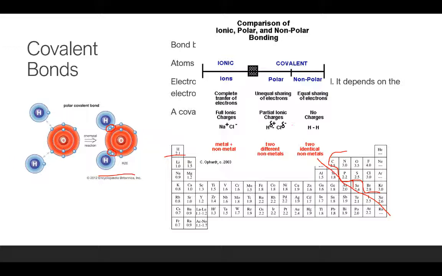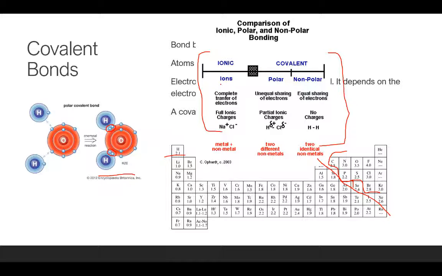And so just to display the differences, it's all on a spectrum. So ionic bonding, there's a complete transfer of electrons. There are full charges, Na+, Cl-, complete charges. Then we have polar covalent bonds, and that's an unequal sharing of electrons between 2 nonmetals.